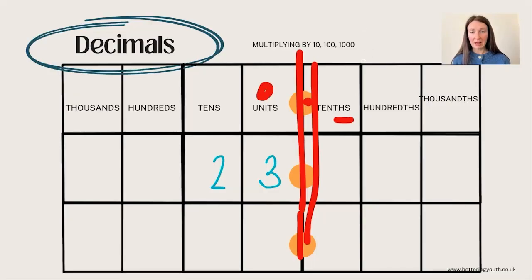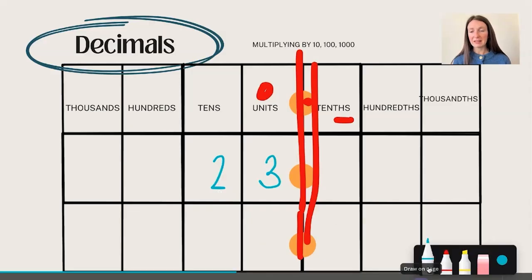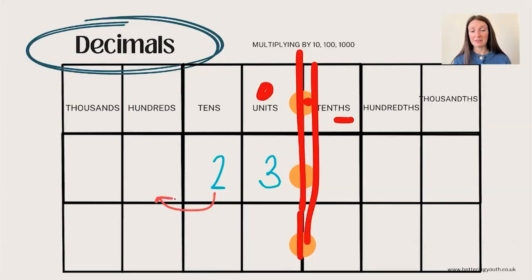So to multiply by 10, all I'm going to do is grab my number, and you can start with either number that you prefer, but I like to start with the largest number because it helps get it out of the way quicker. So I'm going to grab my number that's in the tens column, and I'm going to move it over 1 block, or 1 space in the place value chart.